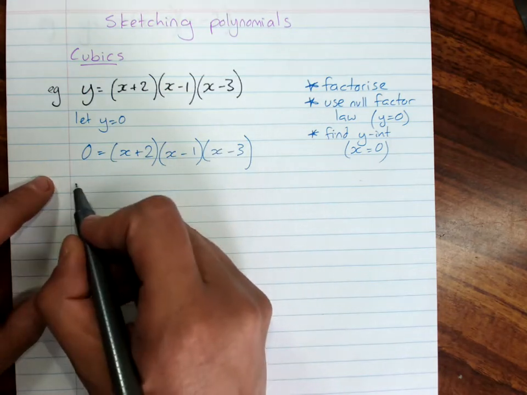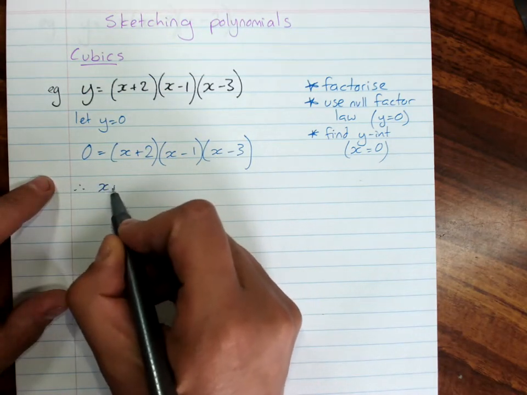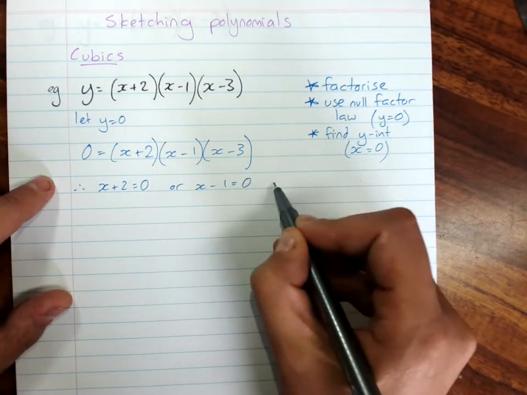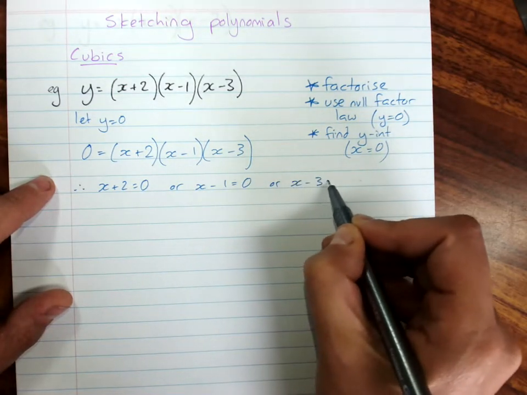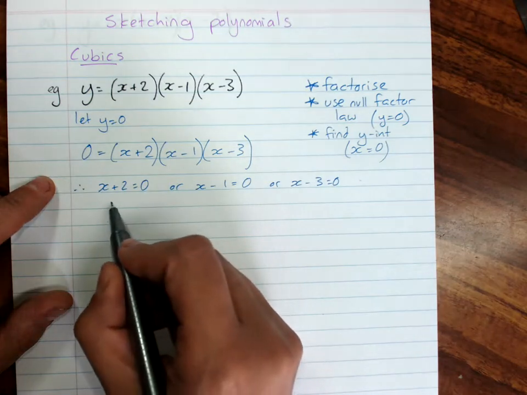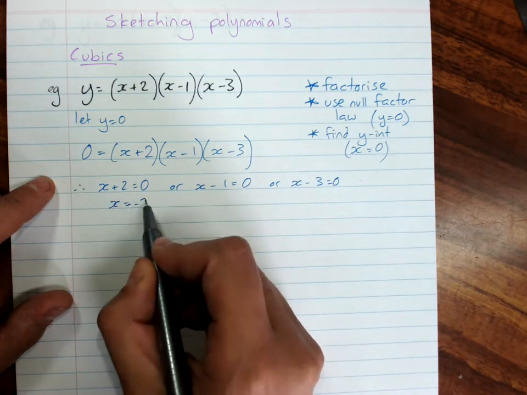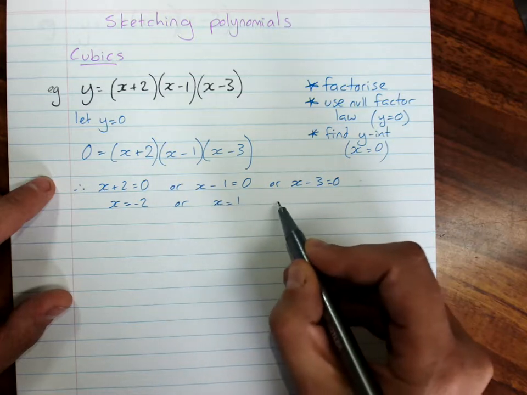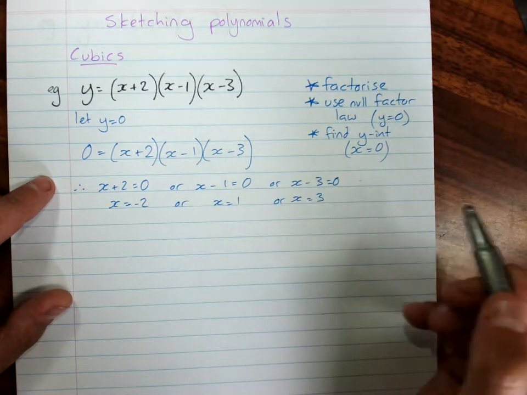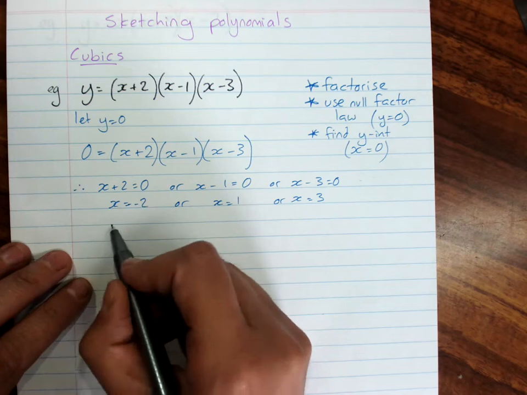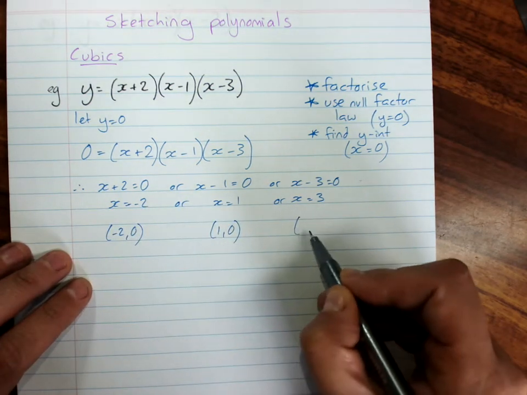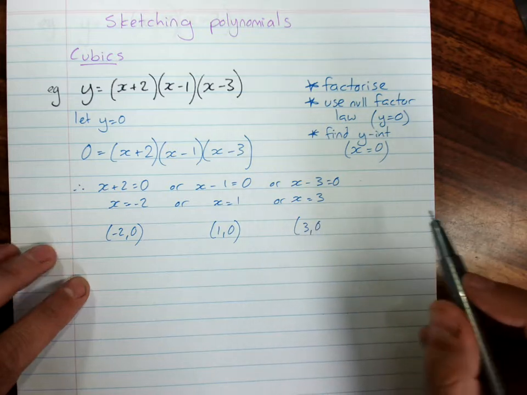So therefore, x plus 2 equals 0, or x minus 1 equals 0, or x minus 3 equals 0, x equals negative 2, or x equals 1, or x equals 3. So our x-intercepts are negative 2, 0, 1, 0, and 3, 0.